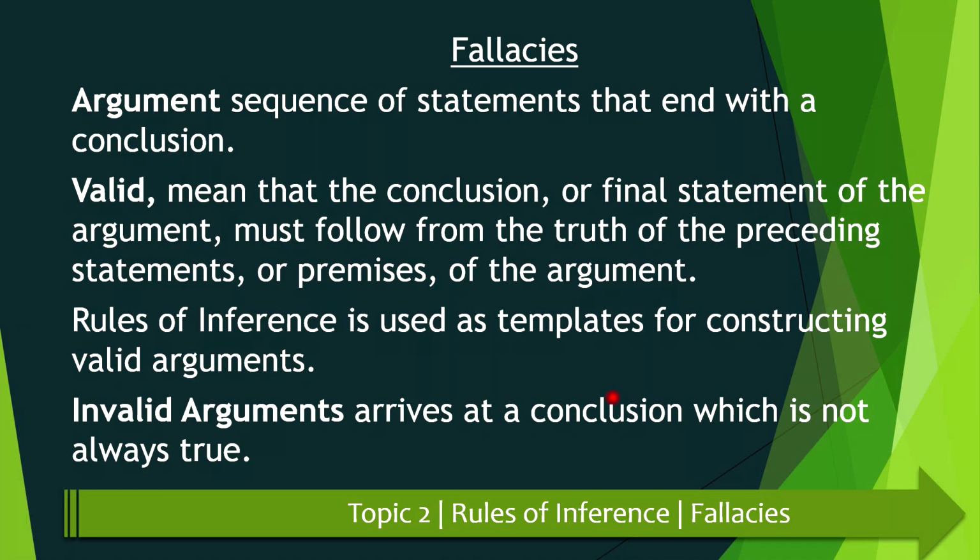So, fallacies are used on this part because fallacies resemble rules of inference but are based on contingencies rather than tautologies. These are discussed to show the distinction between the valid and the invalid arguments, or the correct and incorrect reasoning.